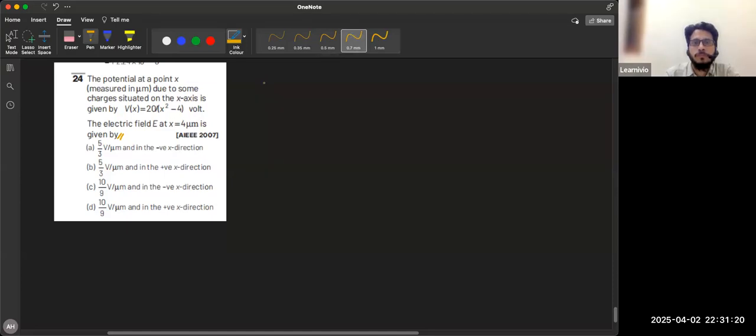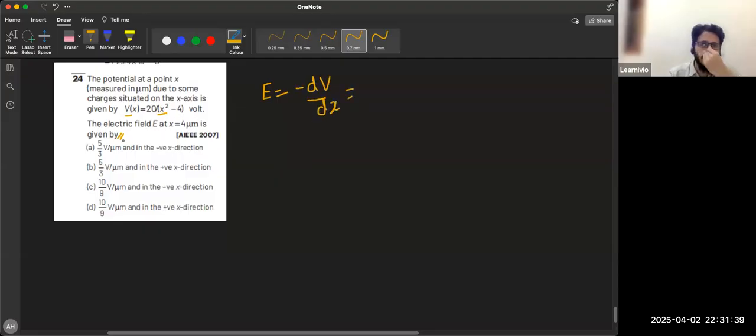E is equal to minus dV by dr. So you will differentiate. Will this be a total derivative or partial derivative? Check. V is a function of x only, so we'll do a total derivative. But if it's a function of x, y, z all, then we'll do a partial derivative. So it's minus of dV over dx.